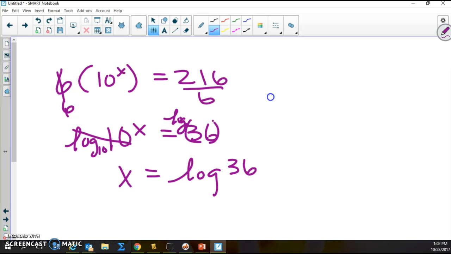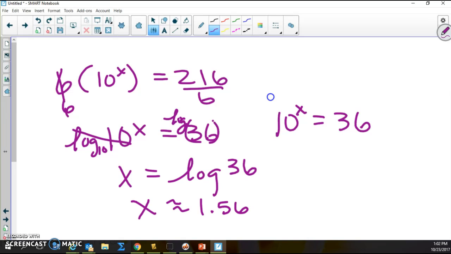Now we're asking ourselves, 10 to what power is 36? Well, I understand 10 to the first is 10, 10 to the second is already 100, so we estimate it's got to be somewhere in the middle. And when we take the log of 36, we get approximately 1.56. x is approximately 1.56.